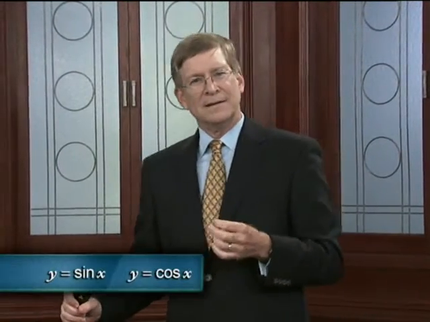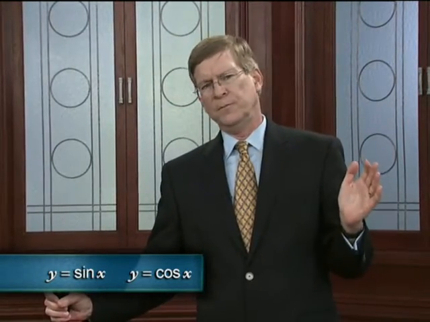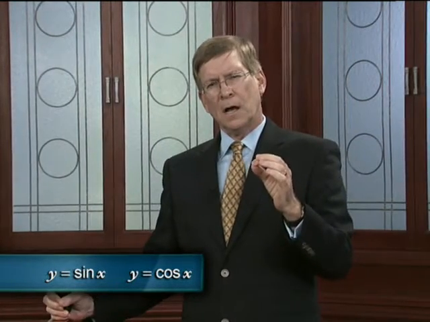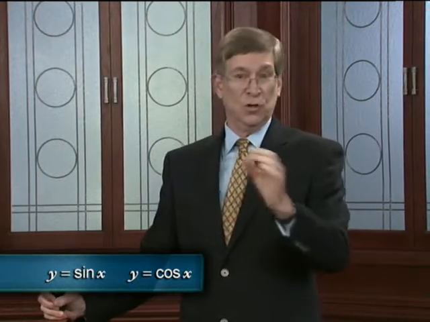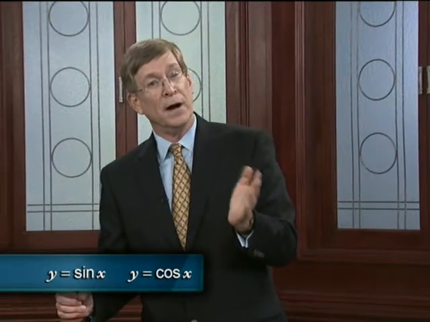Let's recall the sine and cosine properties that we did last time, because they'll affect what we do today a little bit. Sine x and cosine x, the domains, all real numbers. The ranges, -1 to 1. Sine's an odd function, cosine's an even function. They're both periodic with period 2 pi.